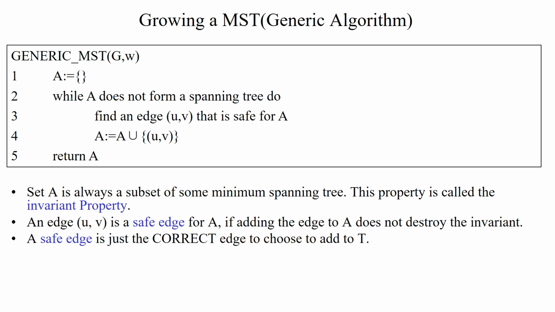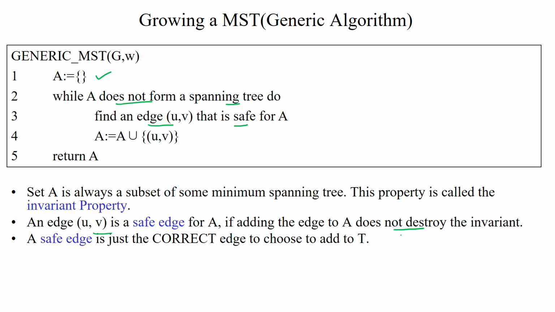The general algorithm is this: initially we take the given tree as empty, with the set of edges and the set of vertices also empty. Then, while A does not form a spanning tree, we find a safe edge. A safe edge means that when you select the edge, it should not form a cycle, and it does not destroy the invariant property.